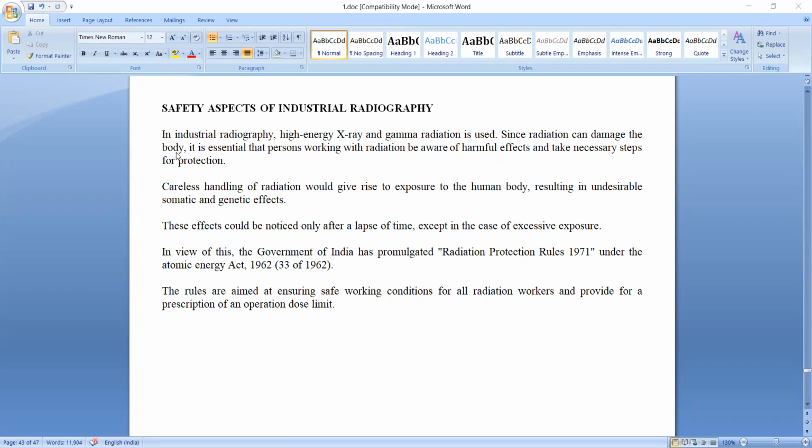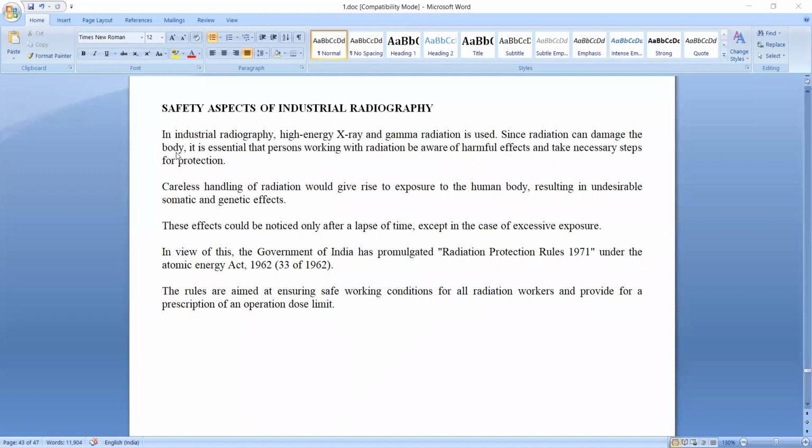Next, genetic effects are those moving towards the next generation. These effects are transferred to the next generation. So these two effects are mainly caused by radiation. So we have to avoid these harmful effects of radiation, and we have to take some safety measures in industrial radiography.